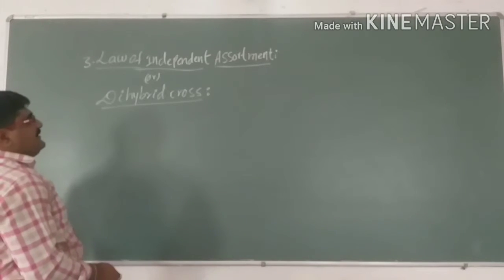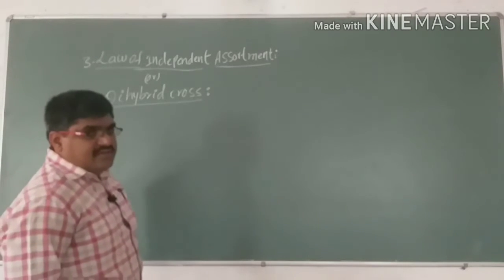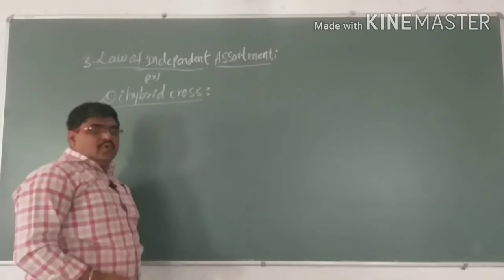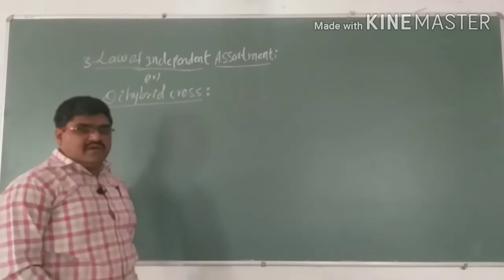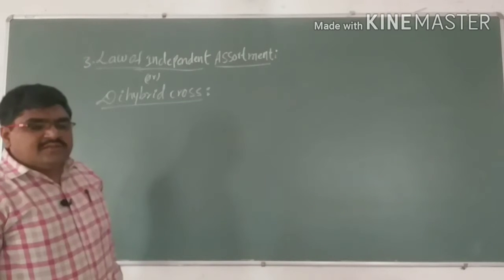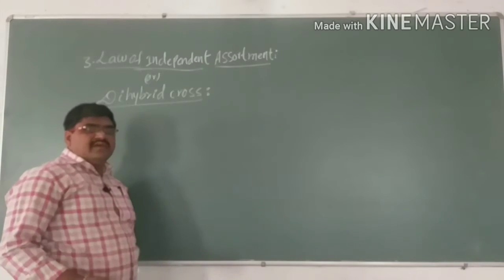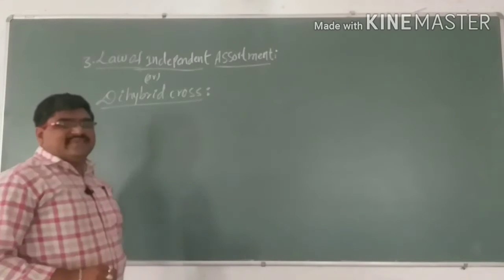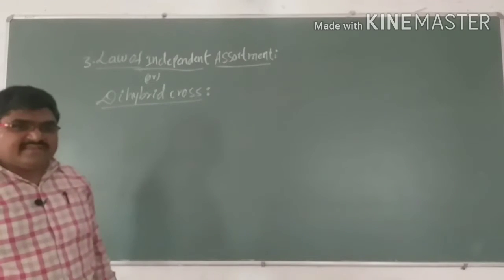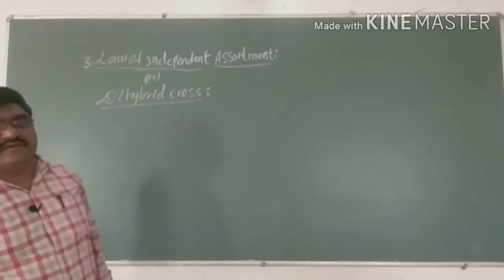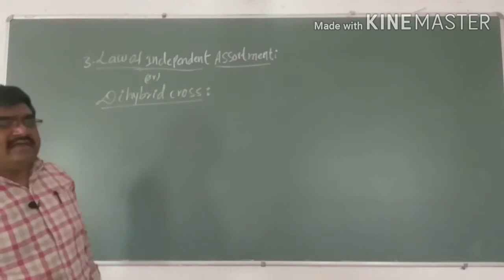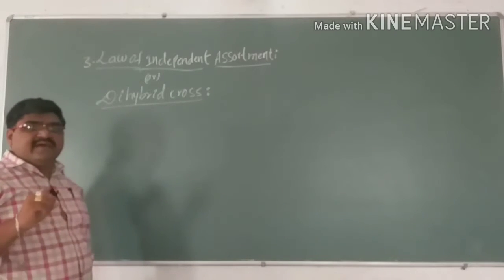Why do we call it the law of independent assortment? When two homozygous parents are crossed, each character will express its own character when they are segregated. Then we call it independent assortment.